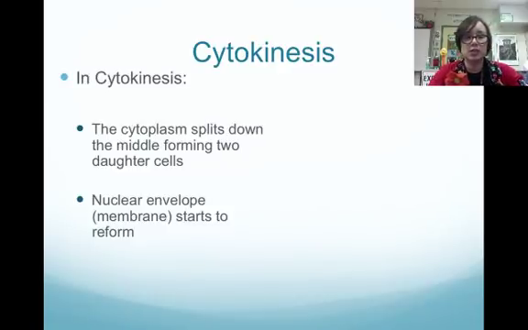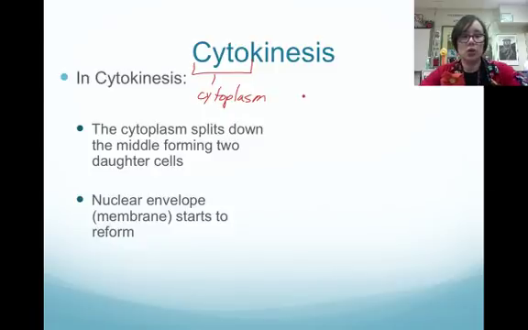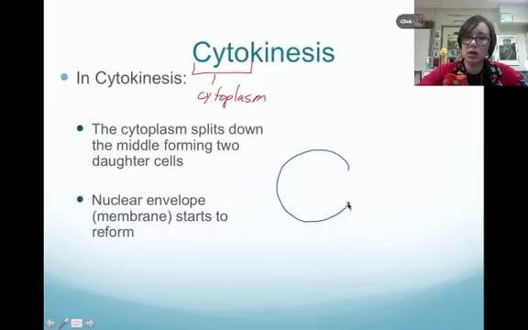which is cytokinesis. And if we look at this term cytokinesis, cyto sounds like the word cytoplasm. So cytokinesis is basically the division of the cytoplasm after we've already separated our genetic material. So if this were actually happening in a cell, it would look something like this.